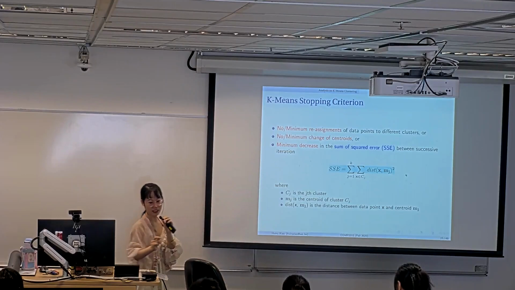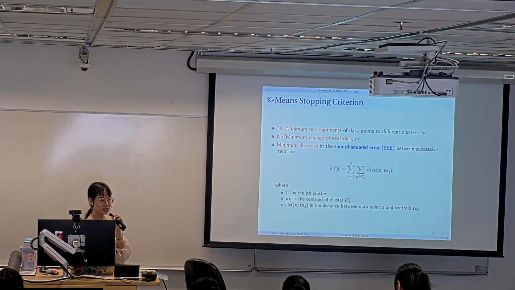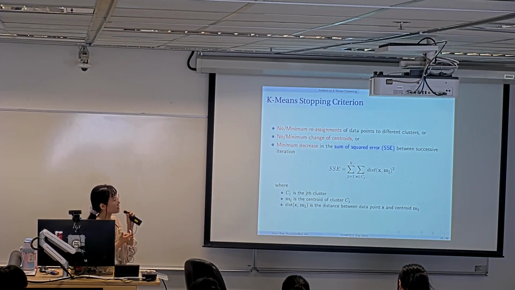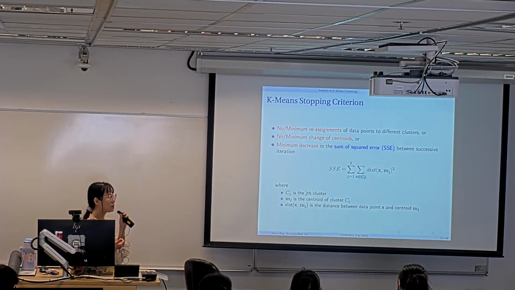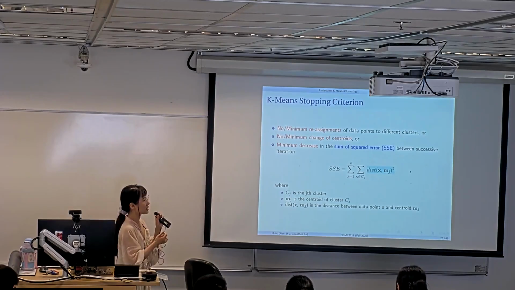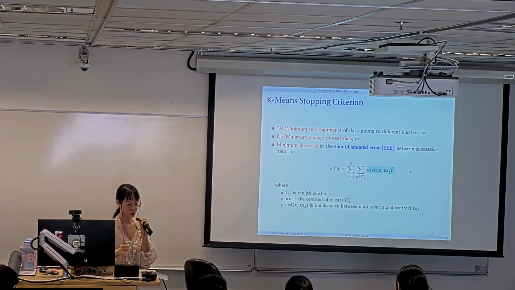SSE is a sum: j from 1 to K, sorry, the big K, so that is for all the clusters. And then for all the data points x belonging to cluster Cj, we take the sum of the square of the distance between x and mj, squared.